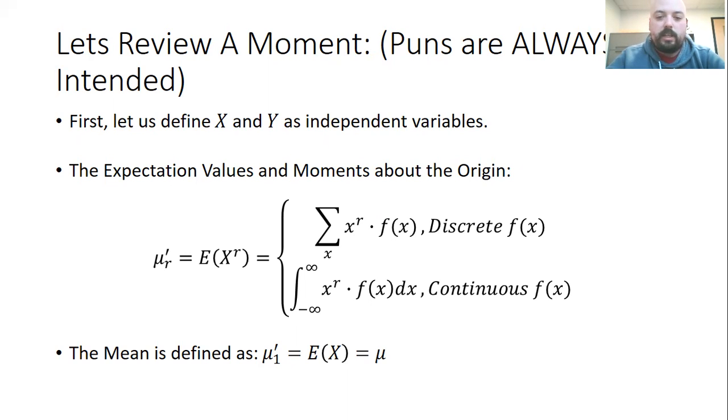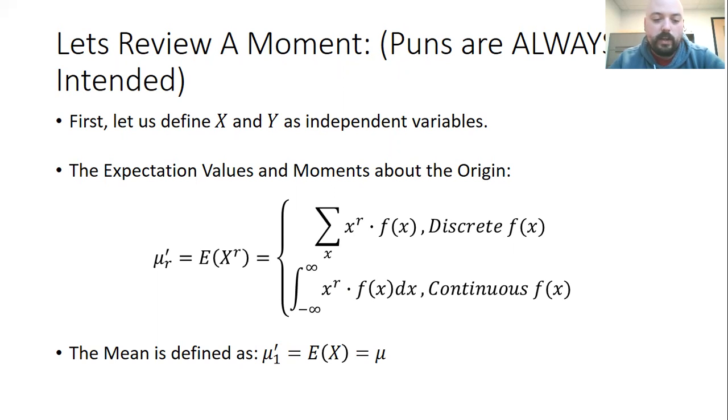To find the expectation values and moments about the origin, we define it in this way as mu prime sub r, where r is the power of the independent variable having the expectation value taken over. This treatment is done either for a discrete function or continuous function in the following manner.